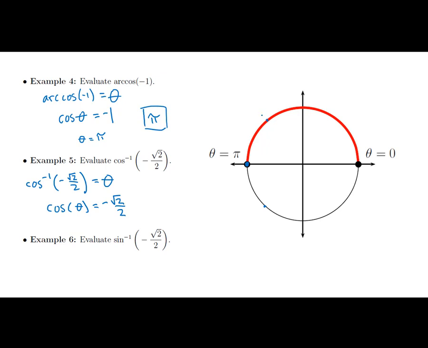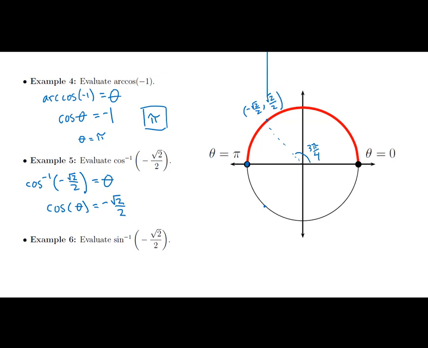So this one here would be at 3 pi over 4. That's going to have a terminal point of -√2/2, √2/2.